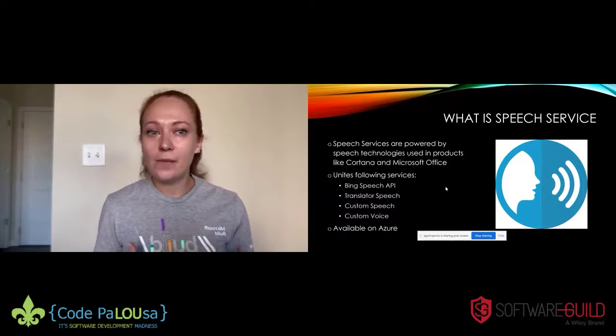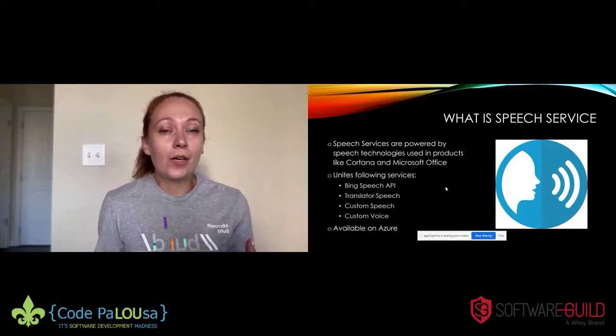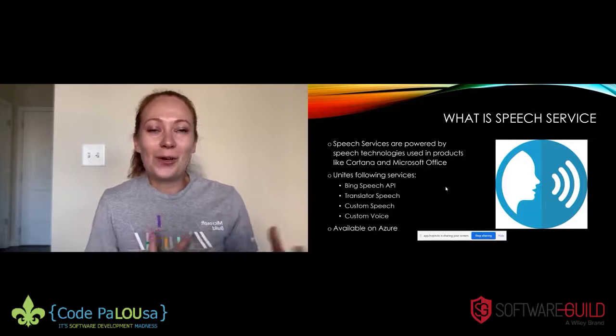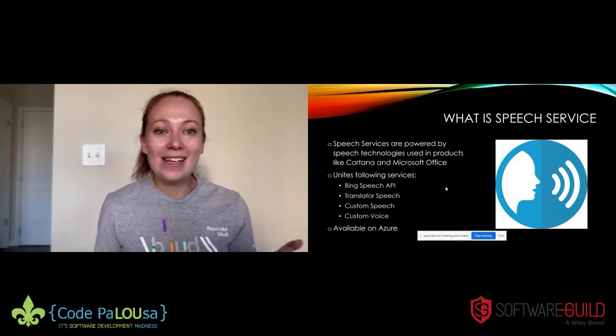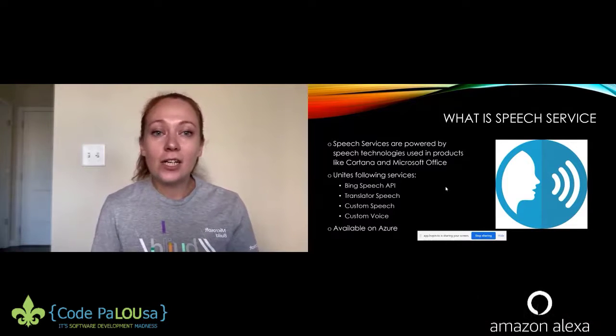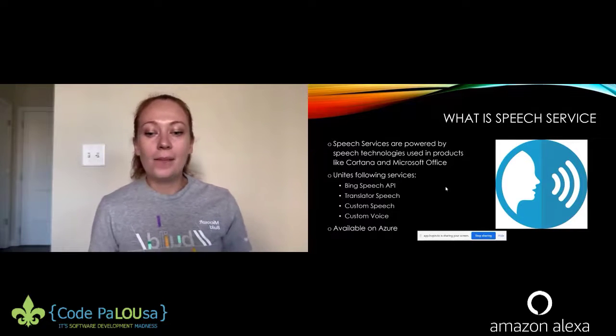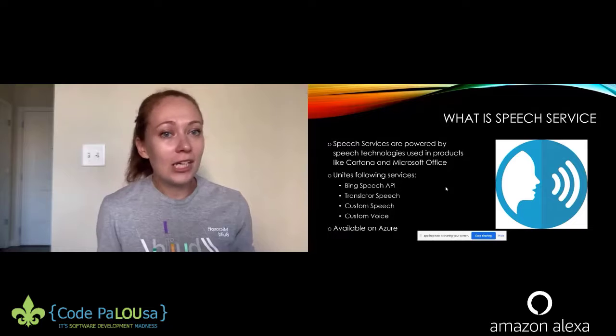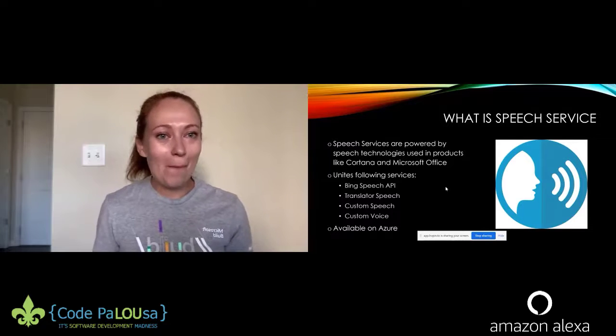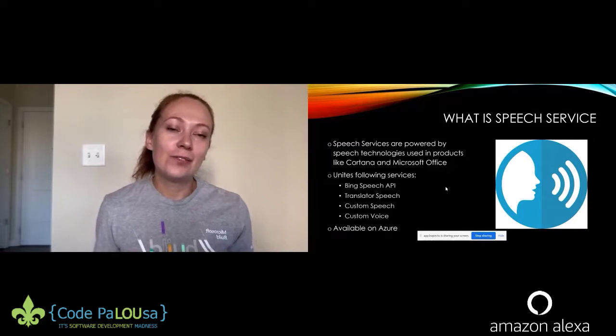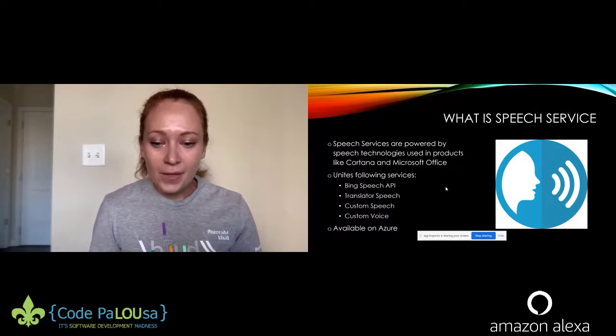It might be a little tricky to remember what goes where. So it is amazing that they combined them all together, and now we have only one endpoint and one key. Actually, technically, you have two keys, but one is kind of a backup, because usually you just need one key.